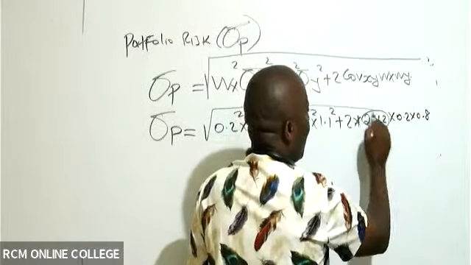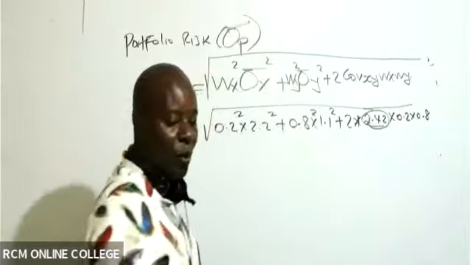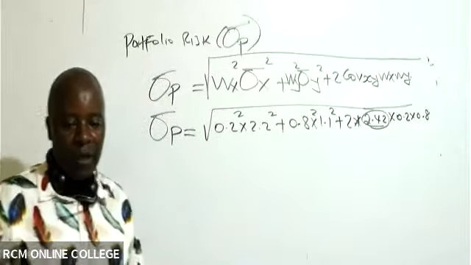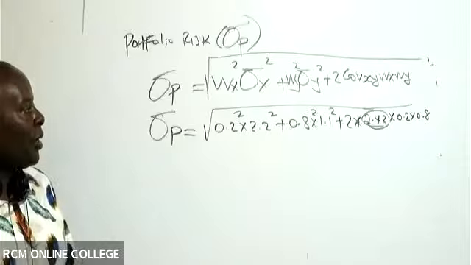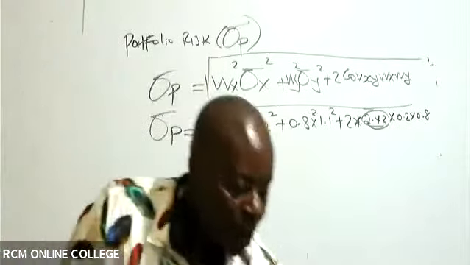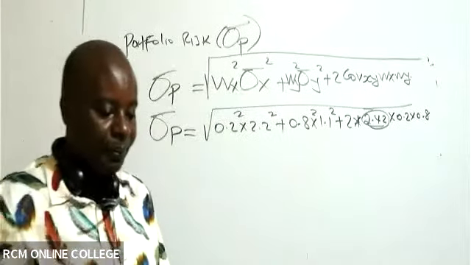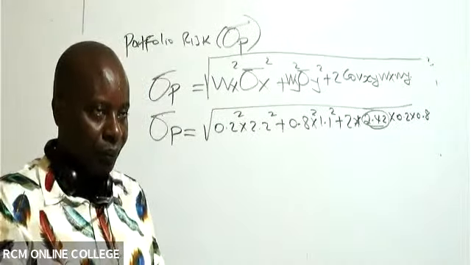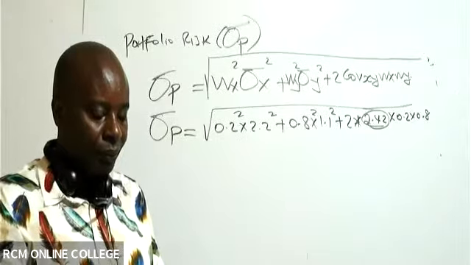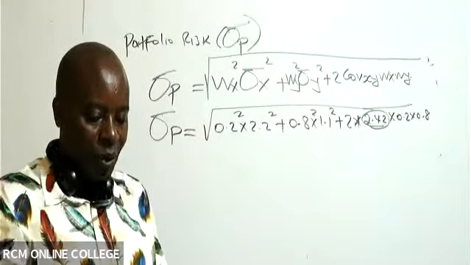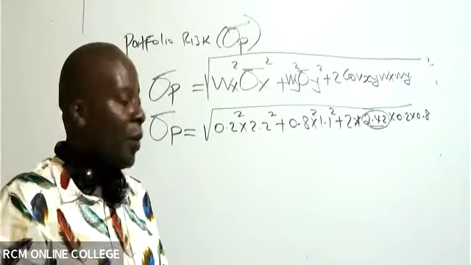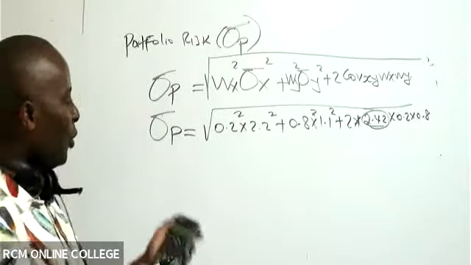Please confirm this to me: the covariance between X and Y, was it 2.42? Yes. Thank you so much. So now what we shall do is pick our calculator. Don't start with the square root.